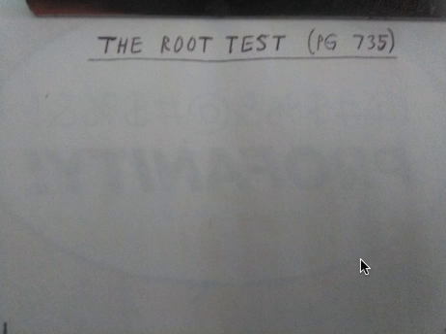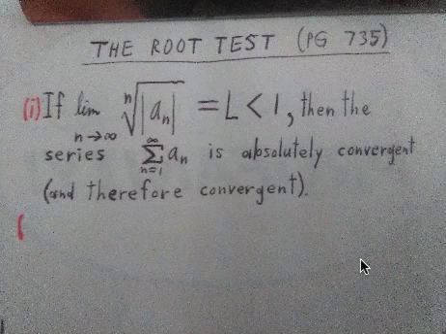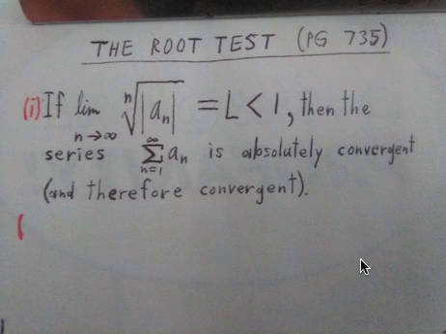So the root test, shown on page 735, tells us that if we take the nth root of the absolute value of the term a sub n, and we take the limit of that as n goes to infinity, and it exists, and it's less than 1, then the series from 1 to infinity of a sub n is absolutely convergent, and therefore the series itself is also convergent.